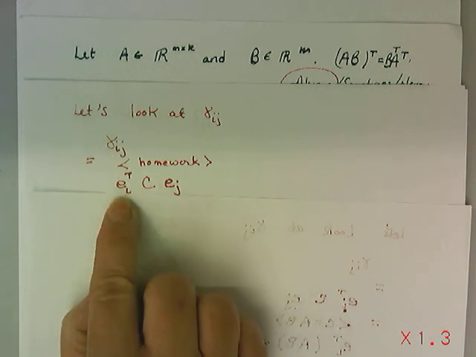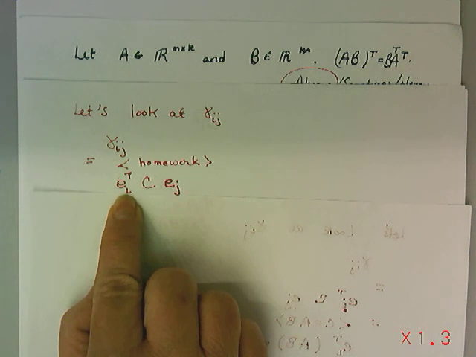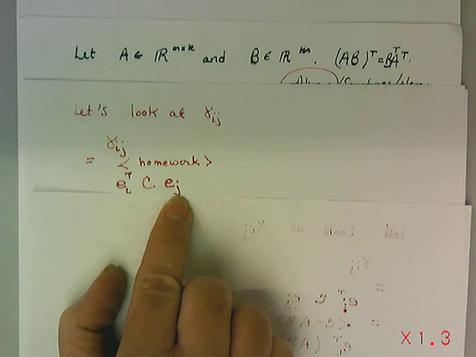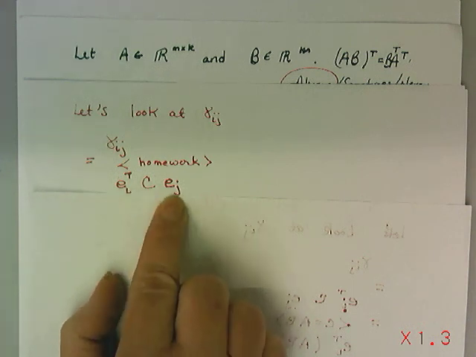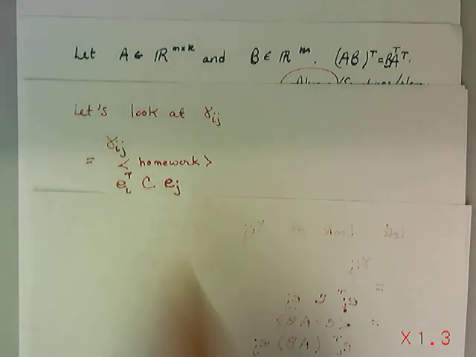So if we wanted to find the entry in the ith row, we would pre-multiply by e sub i transpose. For the jth column, we would post-multiply by e sub j. And again, from our homework, we know that this will give us the ijth entry in C.